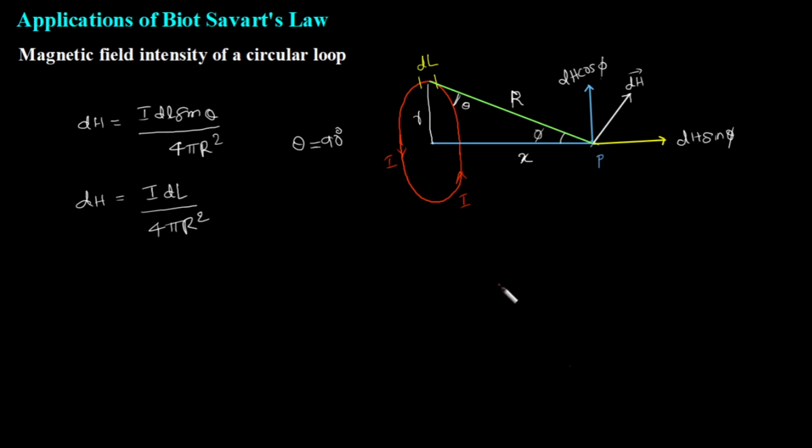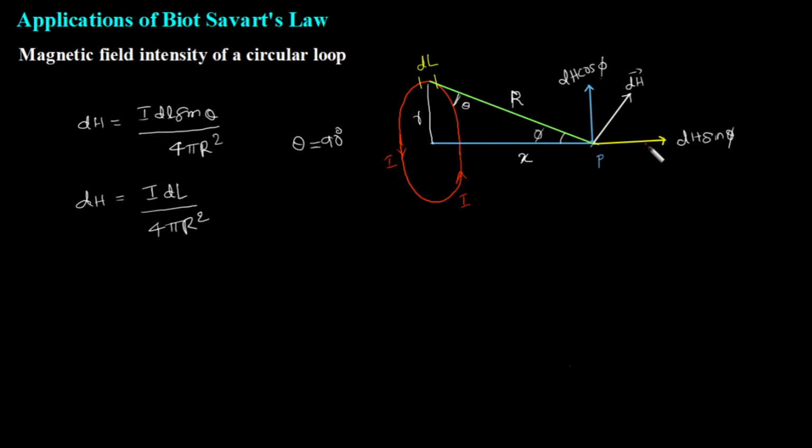Dh sin phi remains. Now what does it tell you? It tells you that, in this case, dh does not have two components. Dh is always dh sin phi. Interesting. It has only a horizontal component, which is the direction of H. Why? Because it is not dh.